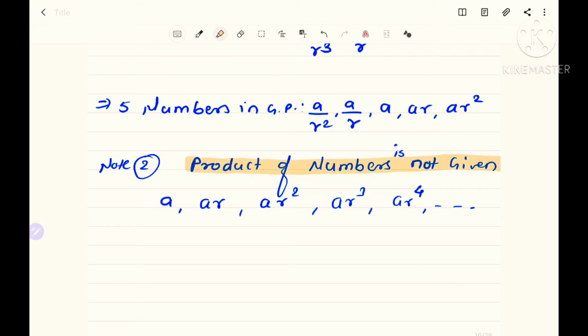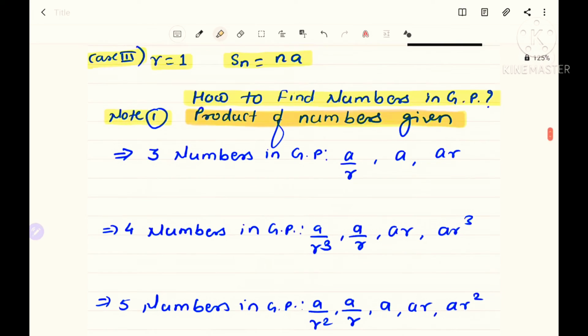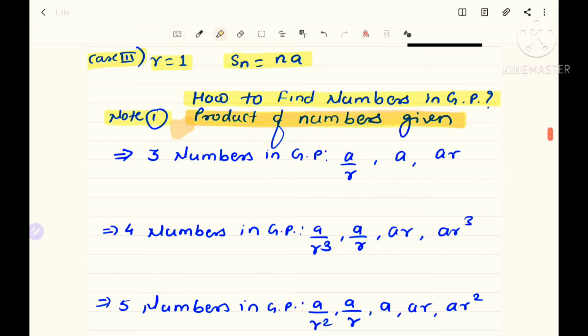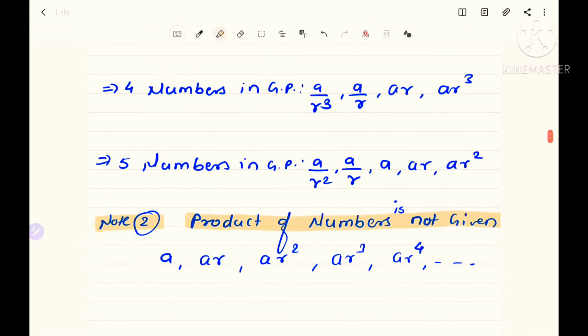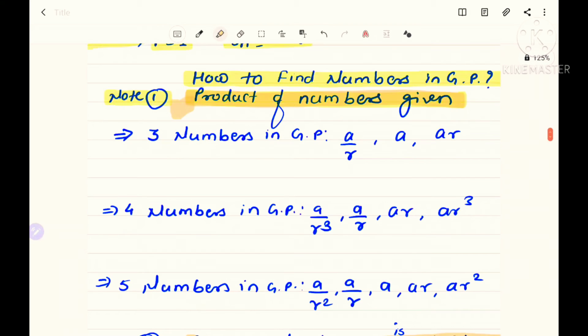Please observe, these are the two possible cases. This is the case where I am assuming the product is given, and this is the case where I am assuming the product is not given. These are the two different cases. So read the exam problem very carefully and observe whether the product of all the numbers is given or not.